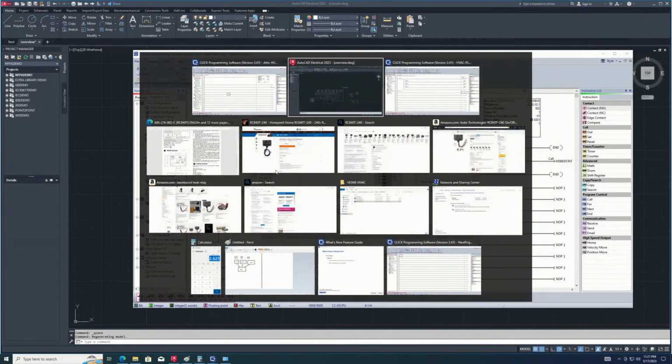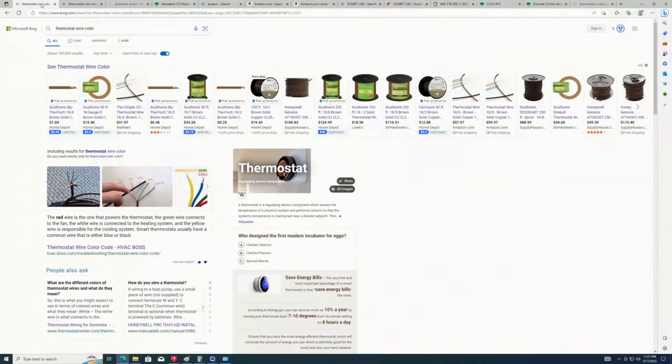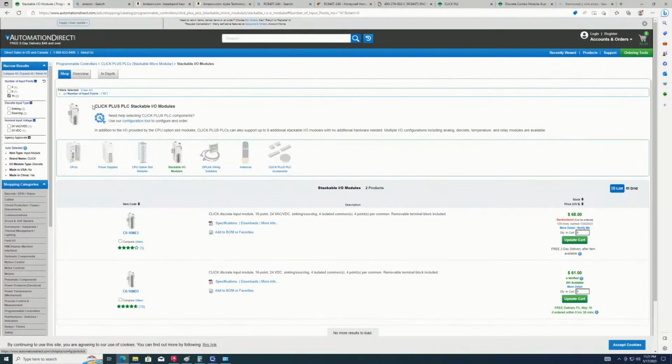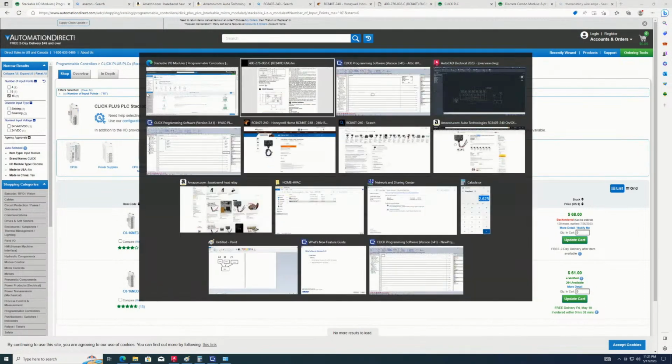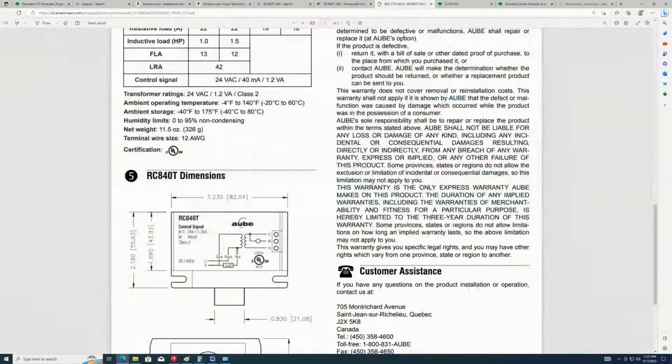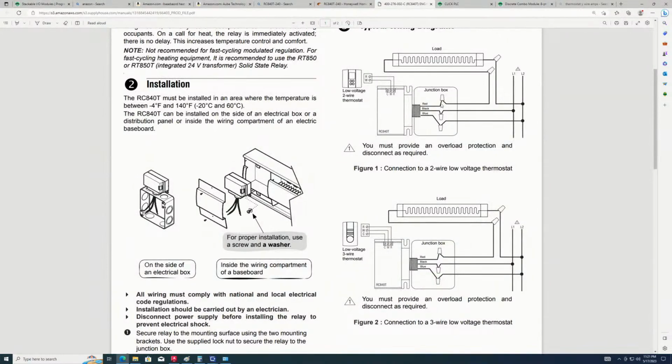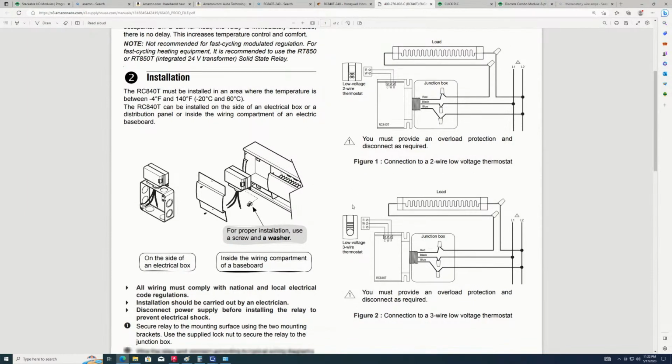I'm going to need how many for those relays? Two times 7 is 14. Right? Yeah.